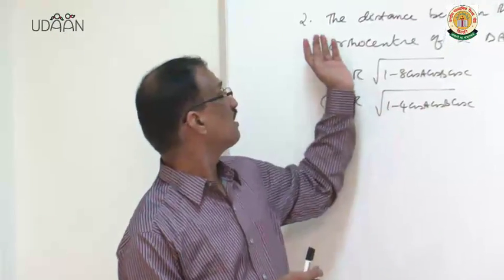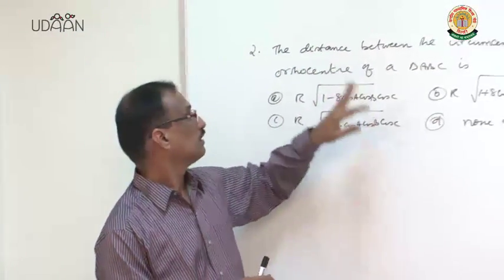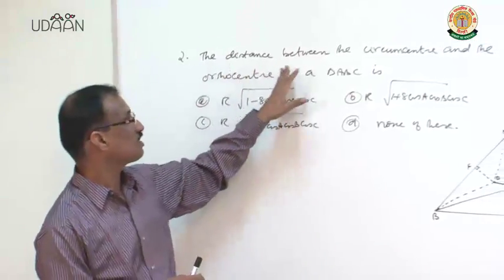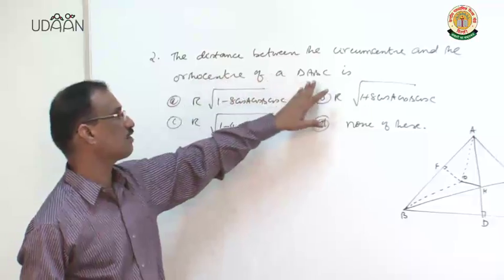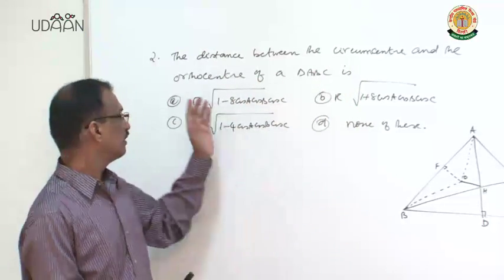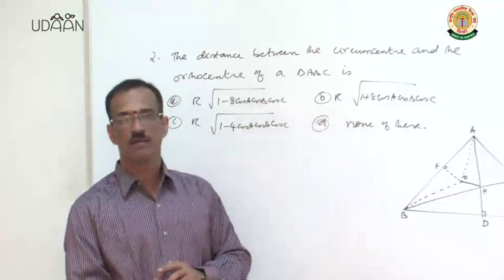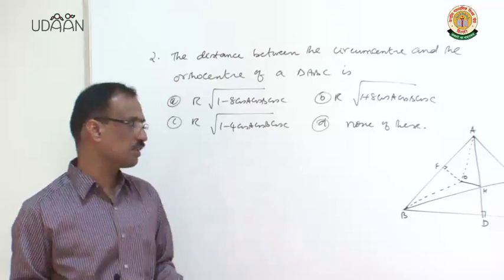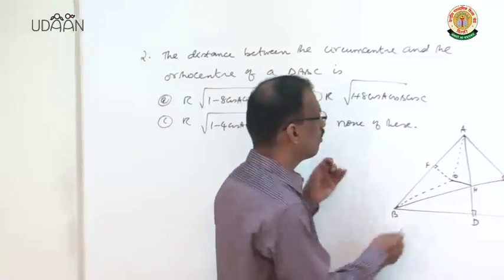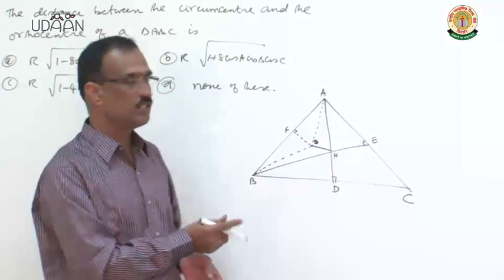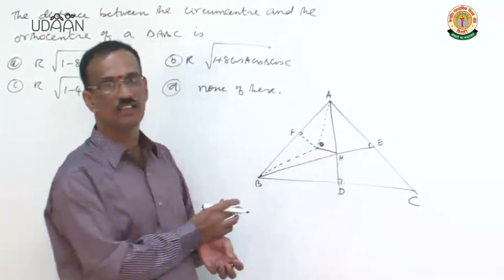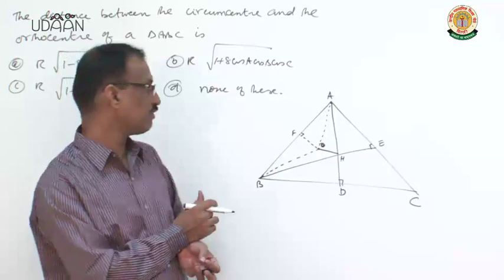Now let us read question number 2. In this we have that the distance between the circumcenter and the orthocenter of a triangle ABC is, with these options given. Now we have to find out the distance between the circumcenter O and the orthocenter H. That means OH length is what we have to find out.